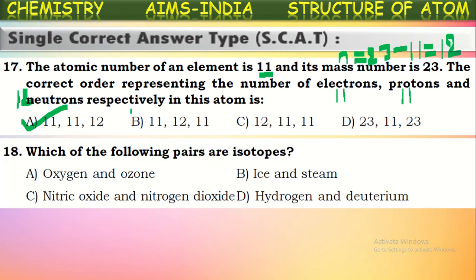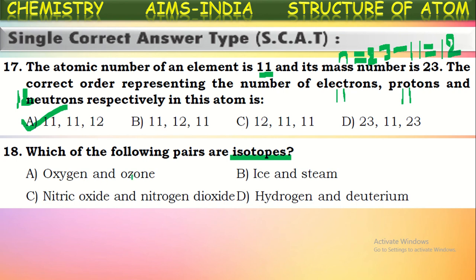Which of the following pairs are isotopes? What does it mean by isotopes? The atoms of an element which have the same atomic number but different mass numbers are called isotopes. See, the first one, oxygen and ozone. These are not isotopes.